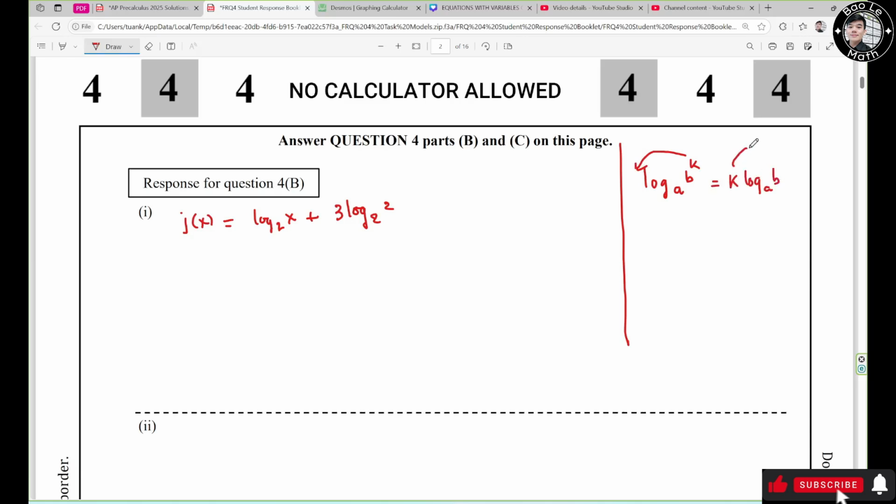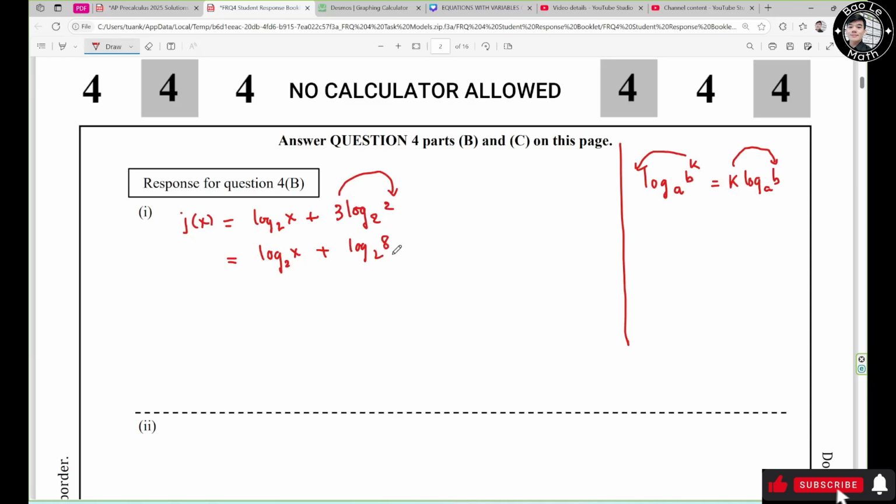Now you can bring k back over here to get this one, right? In order to condense this, make sure the coefficient in front of the log is 1. Keep that in mind. So I need to bring 3 back over here, so I have log base 2 of s plus log base 2 of 2 to the power of 3, which equals 8, right?